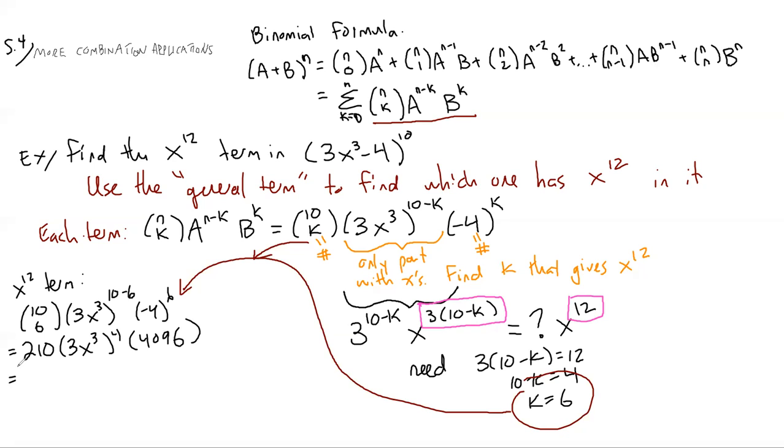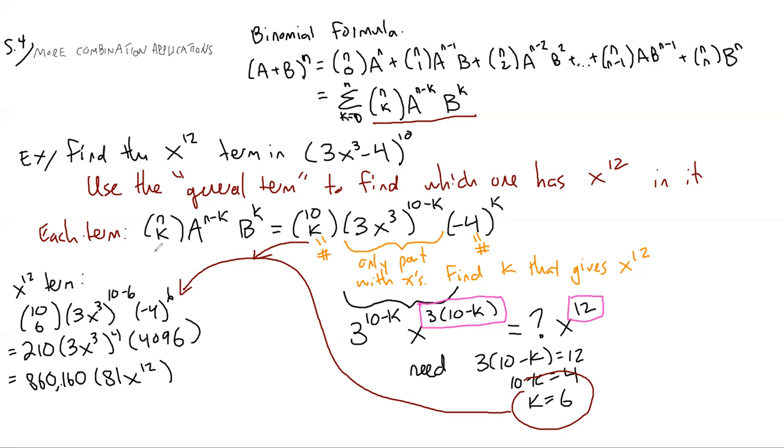I'll just clean this up a little further. 210 times 4096 is 860,160. 3 to the 4 is 81. And then x cubed to the 4 will be 3 times 4, 12. That is the power that we wanted, which is good.